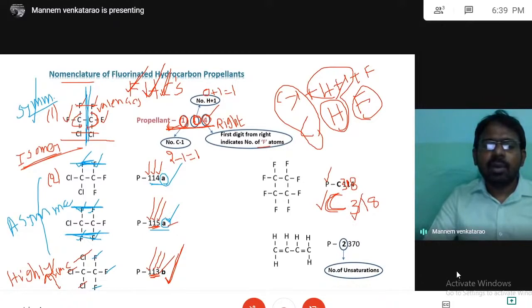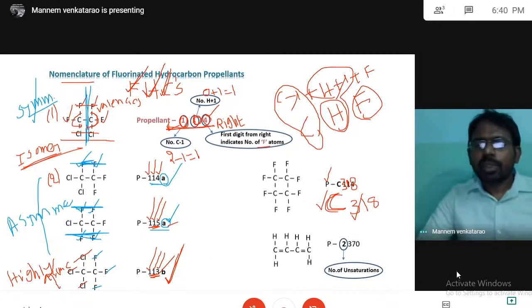Actually, here letter A, comma B is always observed after the digits, but C is always observed before the digits. The abbreviation C means cyclic compound.